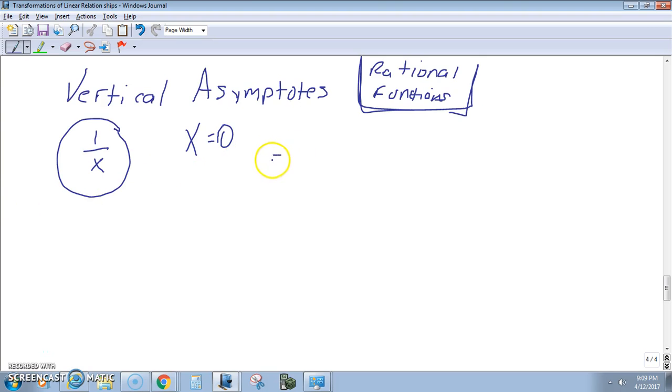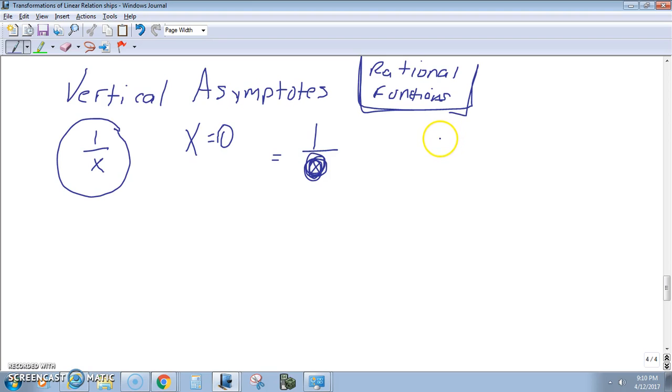So if I put a 0 into the equation to find out where they cross, well, I'm dividing by 0 and the world explodes, right? You cannot divide by 0. Your denominator cannot be 0. And ladies and gentlemen, right there, that is how we find the vertical asymptotes of rational functions.